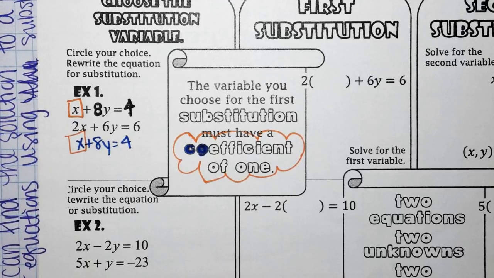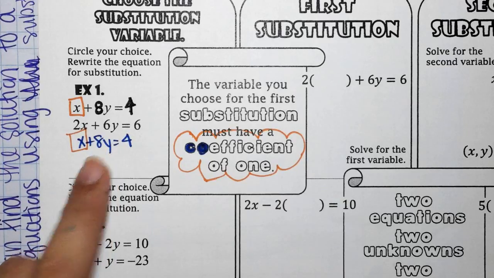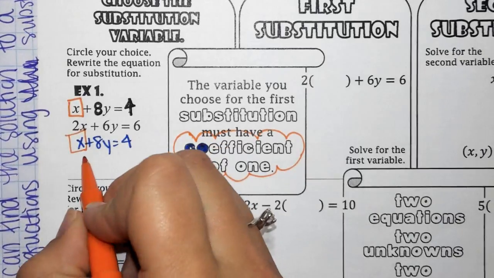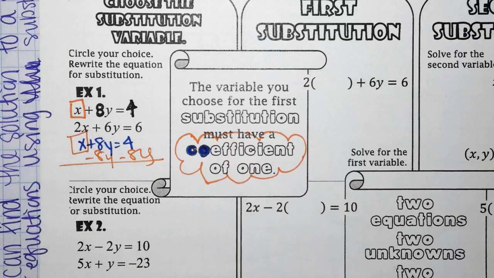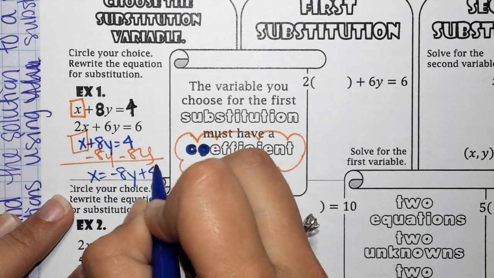How would we get rid of this 8y? Why would we subtract it? It's the opposite. So you subtract 8y. Very good. Now, can we combine that 4 and the 8y? They're not like terms. So we write x equals negative 8y plus 4.